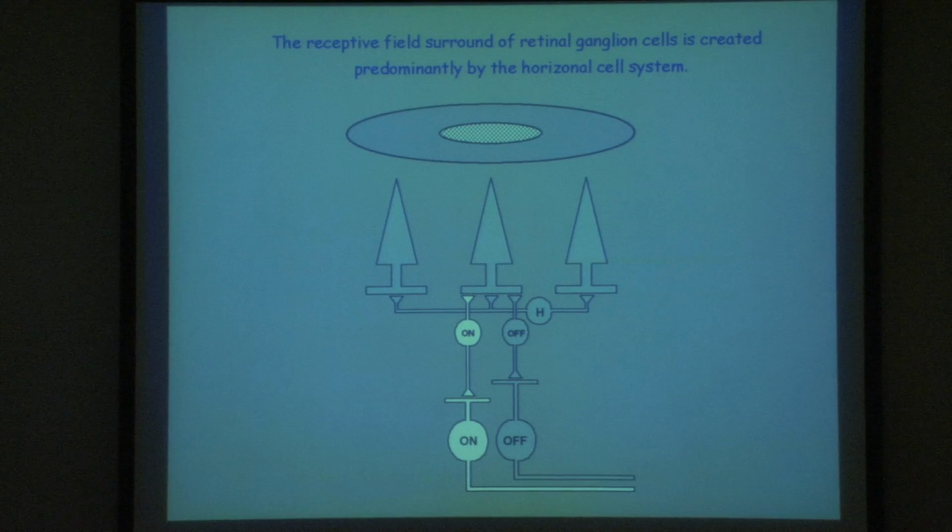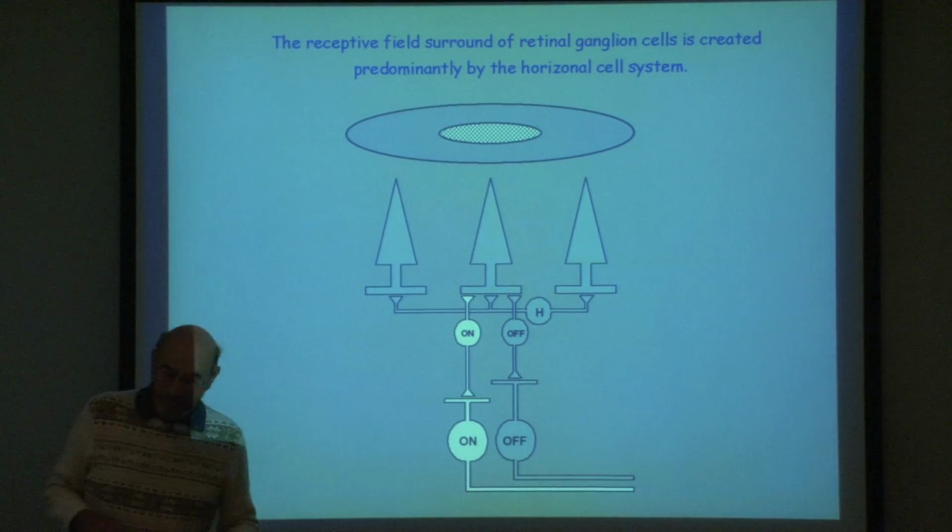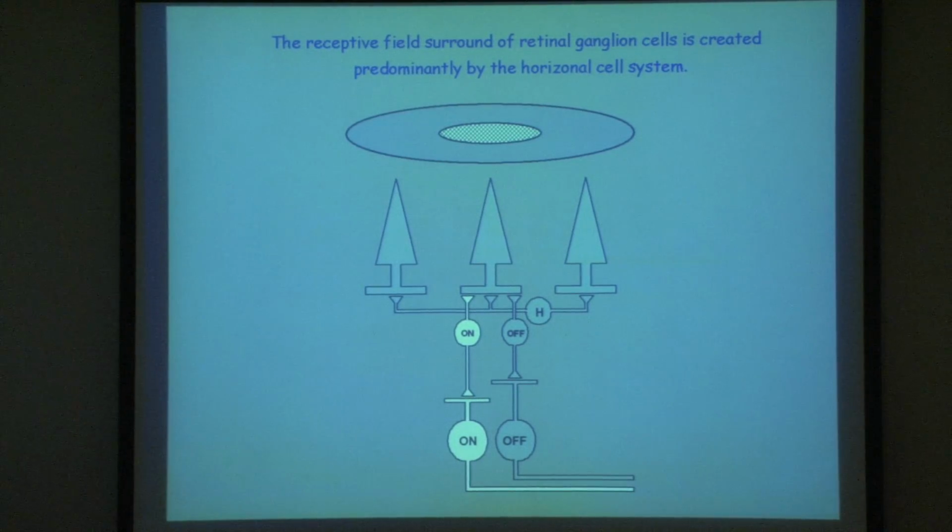Let me first draw this up again here. All right, here we have the photoreceptors, the cone photoreceptors, the horizontal cells, and the on and off cells. So this alternative hypothesis that the surround inhibition is due to horizontal cells, therefore has gained much greater acceptance.